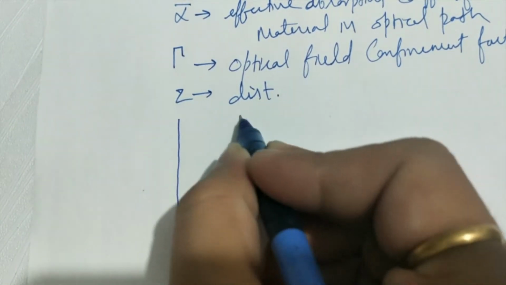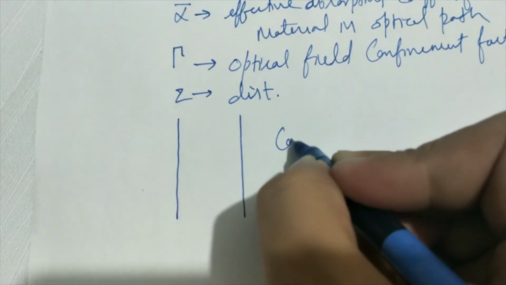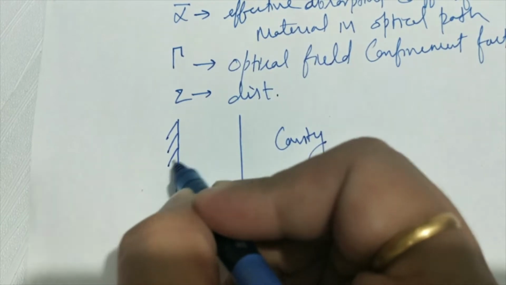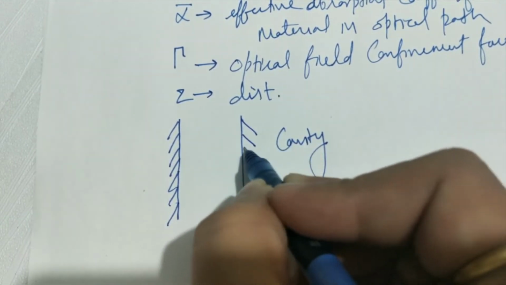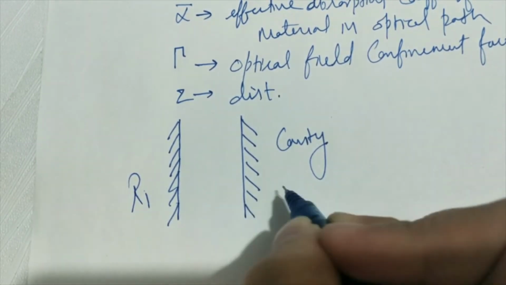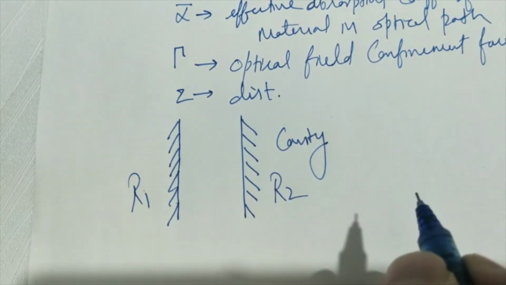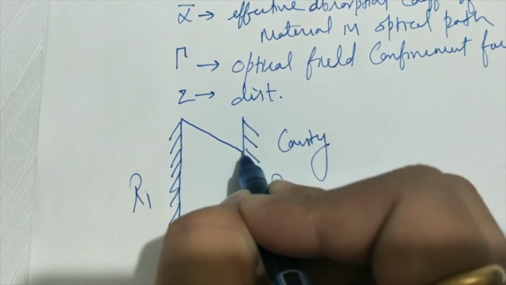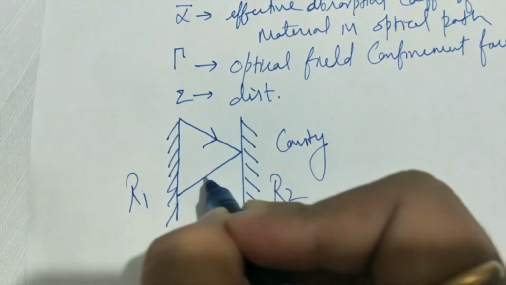Suppose we have a cavity with two mirrors, let us say the reflectivity of mirror 1 is R1 and the reflectivity of mirror 2 is R2, and a light wave is traveling in this direction.